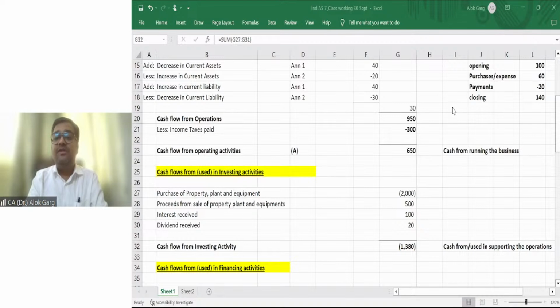Mansa is asking, sir, do startups prepare cash flow statement? So Mansa, I will respond in a different manner. If they are required to prepare their financial statement as per Ind AS, yes, they are required to prepare cash flow statement.